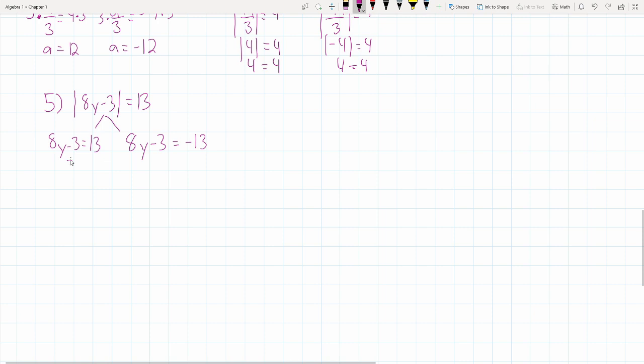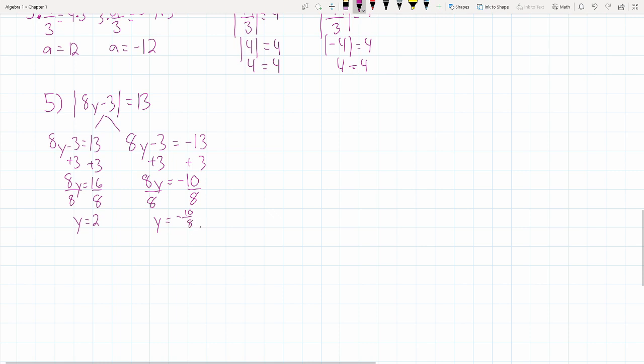So what do I do? I add 3 to all parts. So what I get is 8y equals 16, and 8y equals negative 10. Next step, divide by 8. So I get y equals 2, and y equals negative 10 over 8.